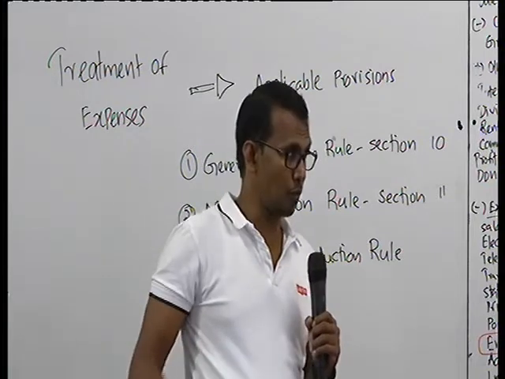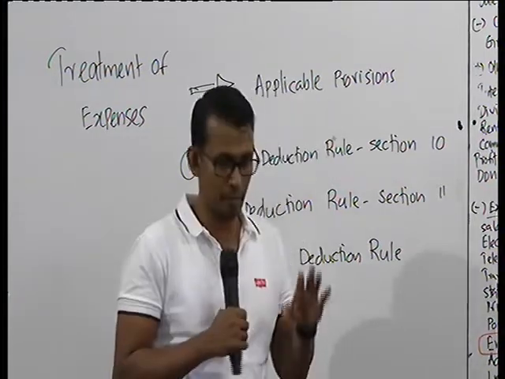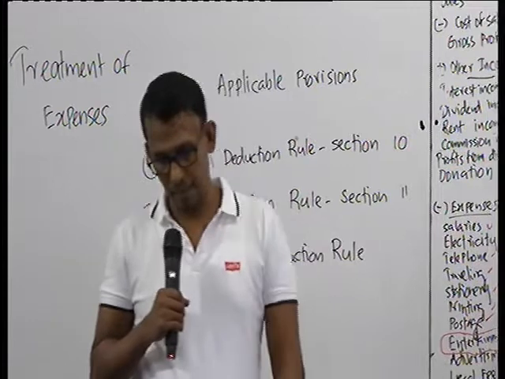So you can write down those specifically disallowable expenses one by one.